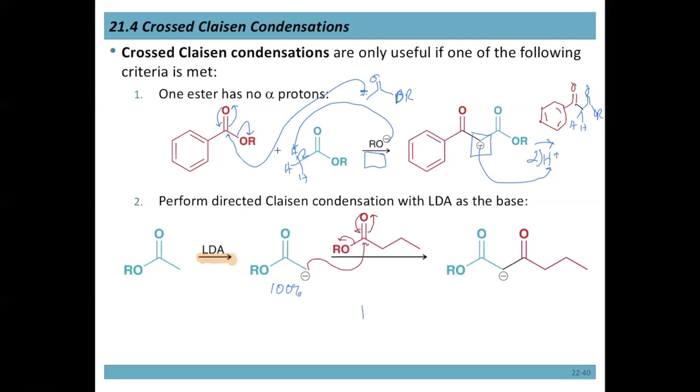Again, the first product that you would get right after the substitution is the condensation. But remember, we just generated a compound that has much more acidic protons. And so a base will come and deprotonate those.